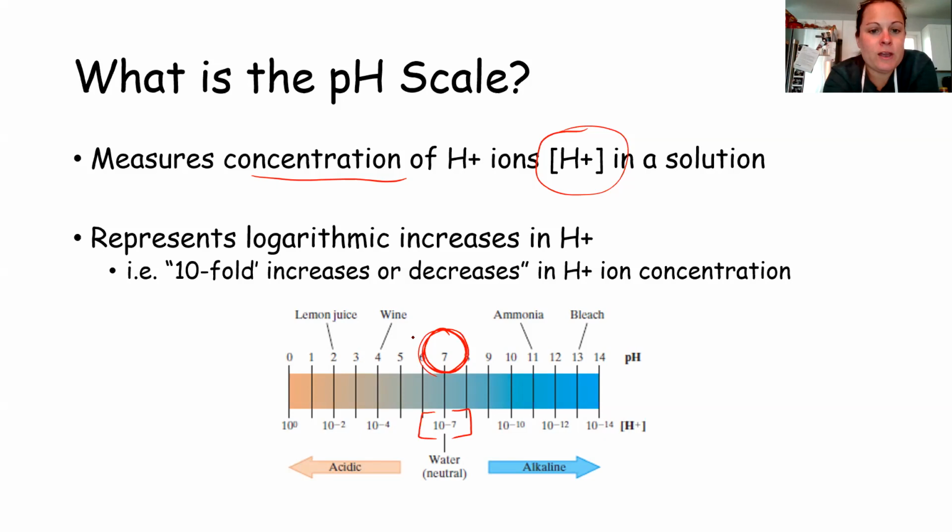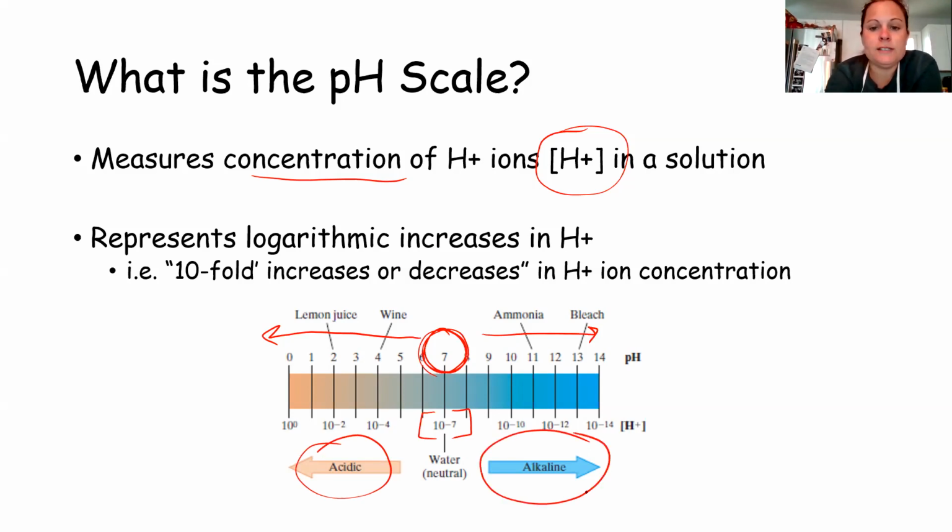We know that if we go down on the pH scale, we are getting more acidic, and if we go up on the pH scale, we're getting more basic. But what does that mean in terms of H+ ion concentrations? If I'm getting more acidic, I have more H+ ions.